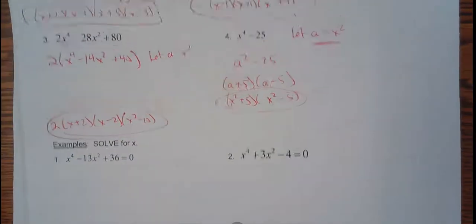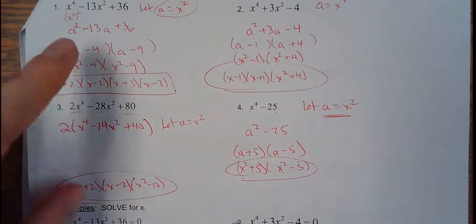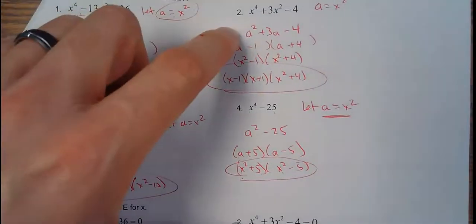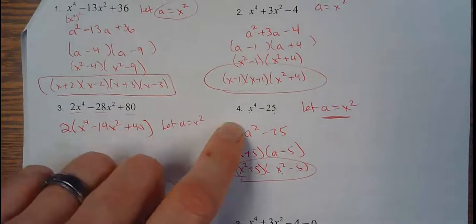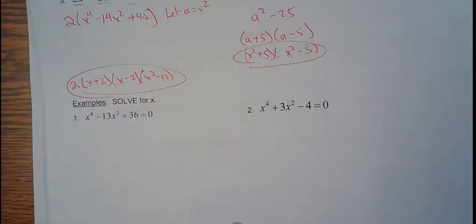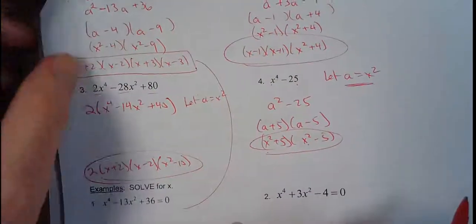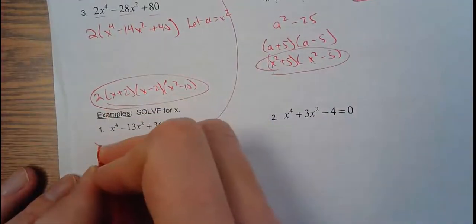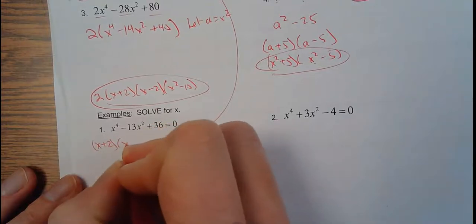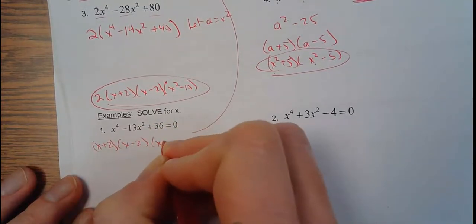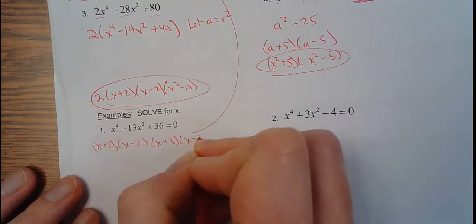Now down below, if you see, I basically repeated the same problems. So number 1's the same, 2's the same, 3 is the same, 4 is the same. It's just now we need to solve. So I'm going to use my answer from above here. I'm going to write this down here because I've already factored it. So I factored this to x plus 2, x minus 2, x plus 3, x minus 3.